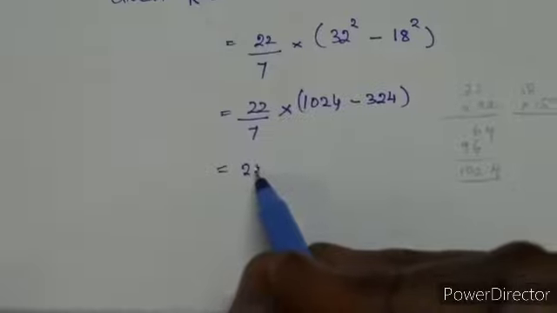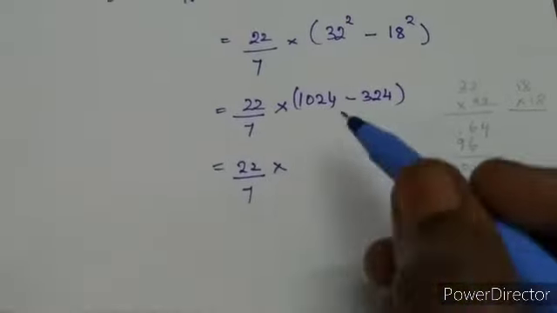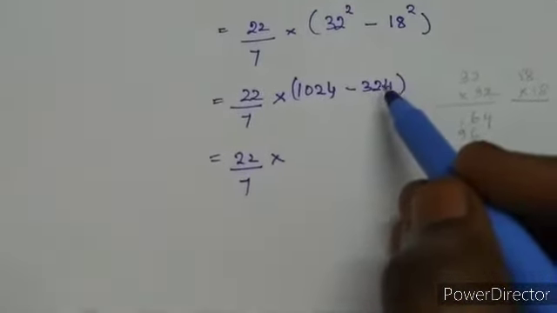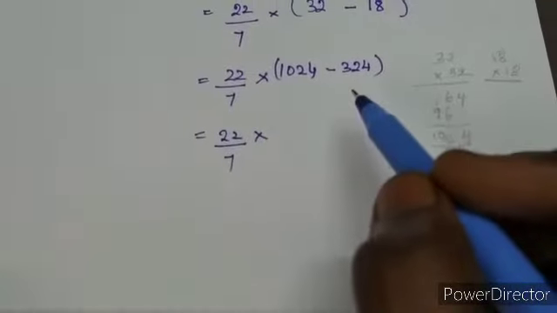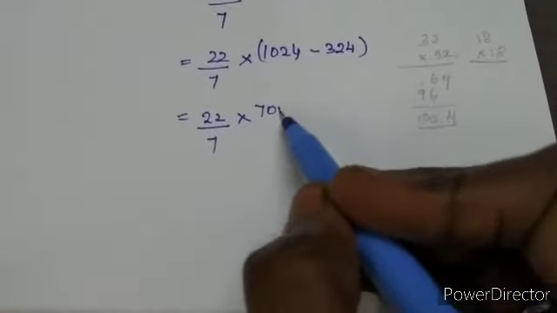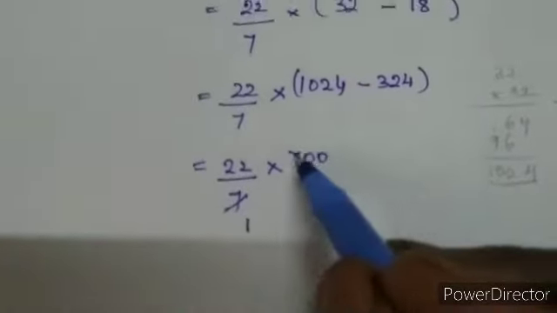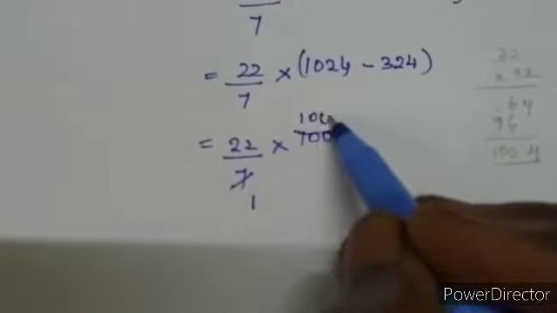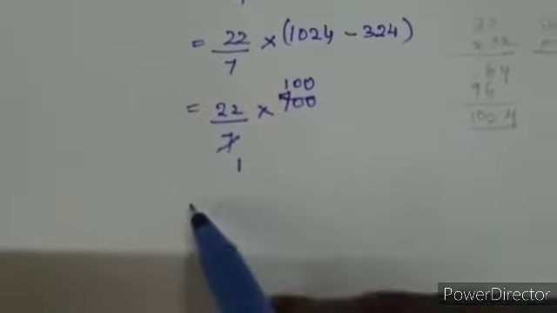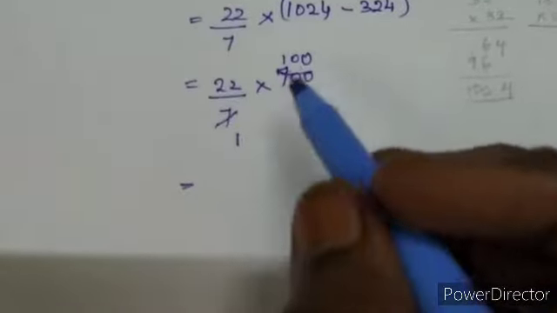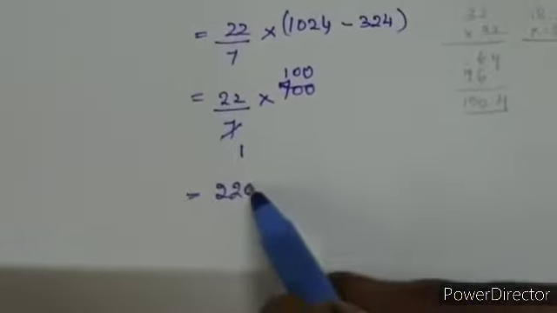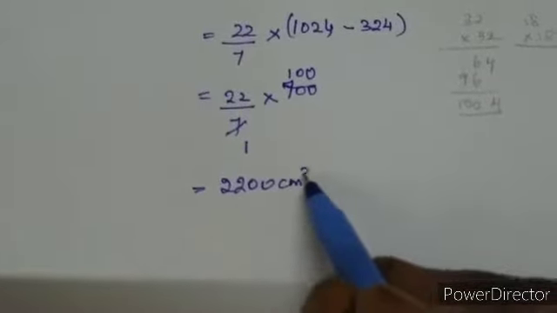Next step, 22 by 7 into, subtract these two numbers so that you will get 700. Now we can go for the cancellation of this number. 7 ones are 7, hundreds are 700. Now 22 into 100, 22 with 2 zeros, centimeters square.